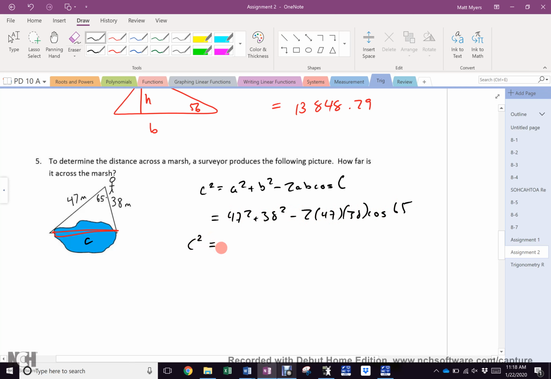C squared, and then C equals the square root of that. So C equals 46.3 meters.